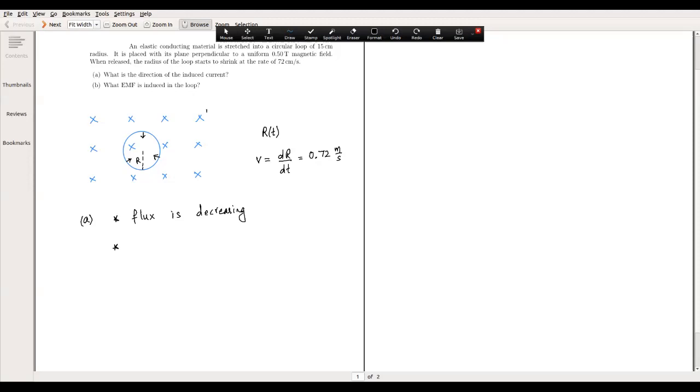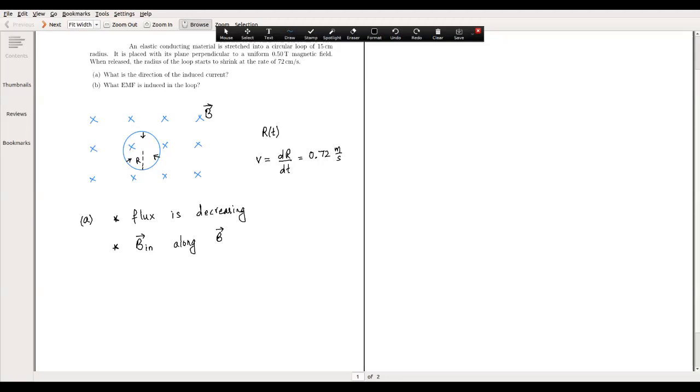So if this was the original magnetic field which is going into the page, the system will try to induce a magnetic field. The induced magnetic field has to try to increase the flux, so that means it has to create a magnetic field in the direction of the induced field along the direction of B.